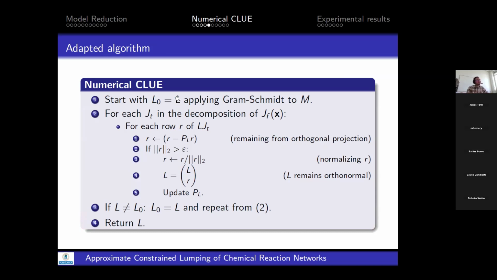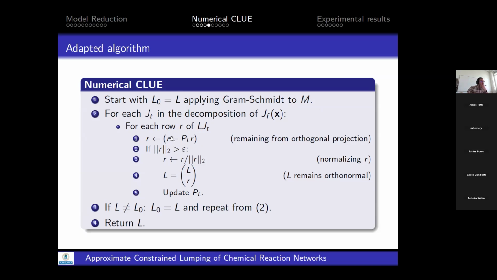Before, our L0 was exactly M, the observable matrix. Now we first compute the Gram-Schmidt of the vectors in the observable matrix, and this is our starting L. And now we do the same. We compute L times our Jacobian decomposition as we had before, and for each row, we compute the difference between the vector and the orthogonal projection.